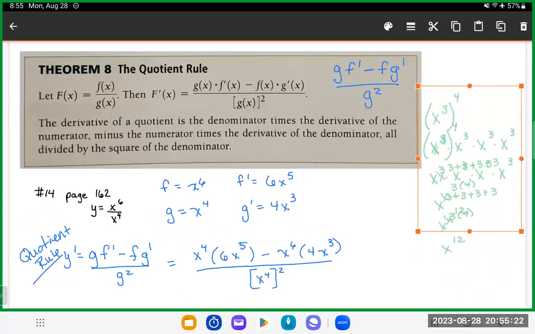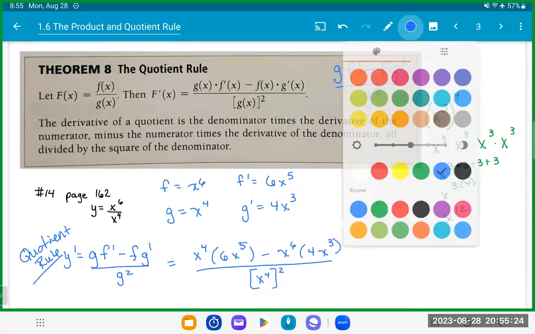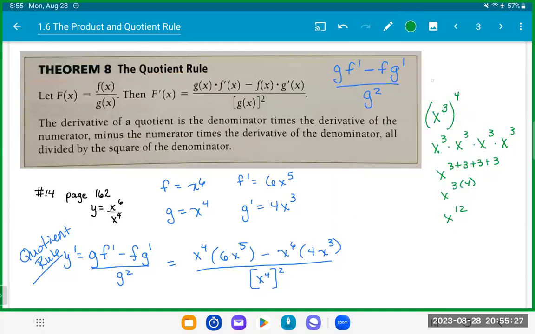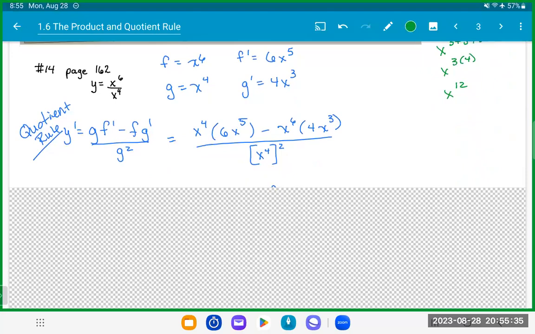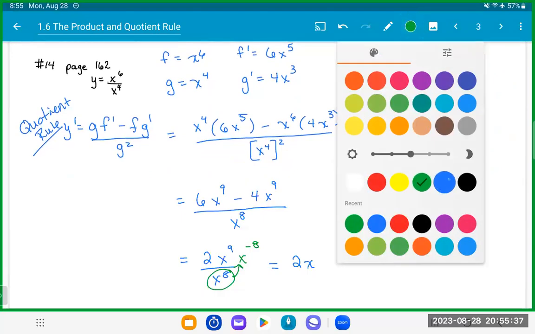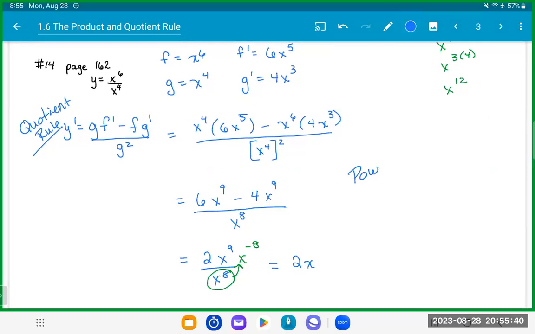I'm just going to move this up here so I have more room to do the power rule. Okay, so if we had used the power rule, that would have been y equals x to the 6 over x to the 4. We would have brought this up here, and that would have given us x squared.